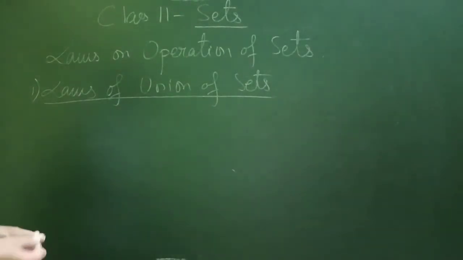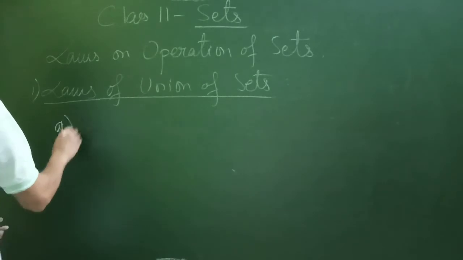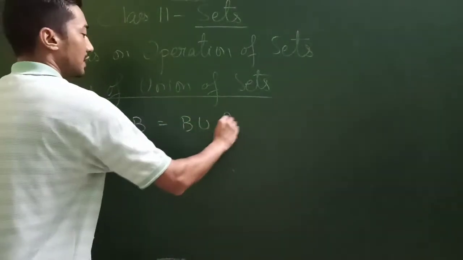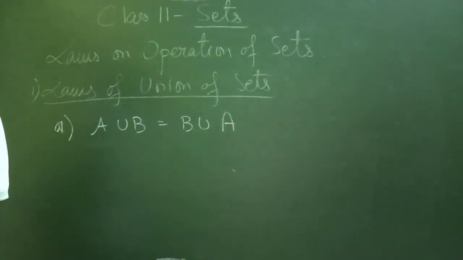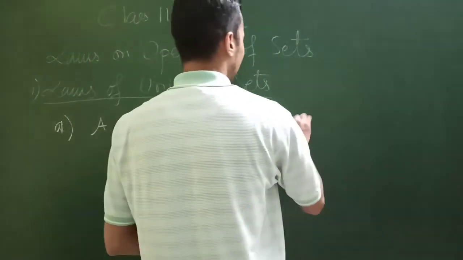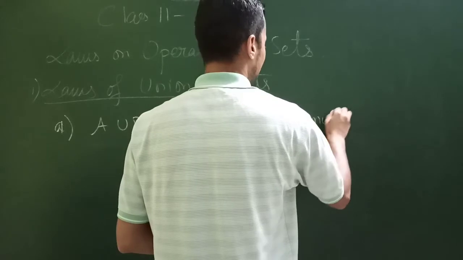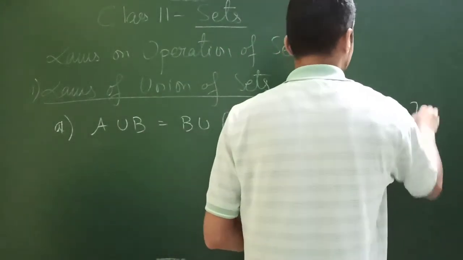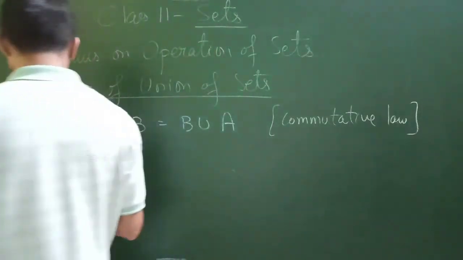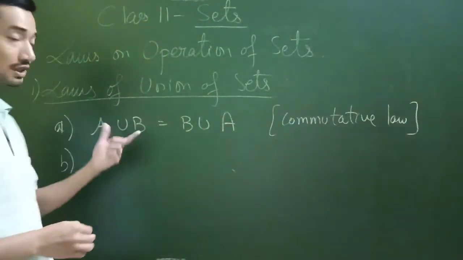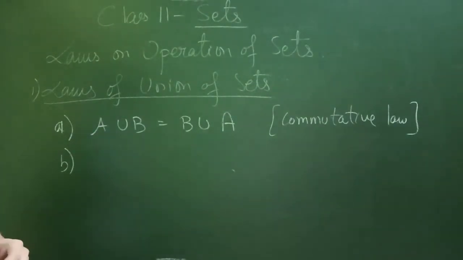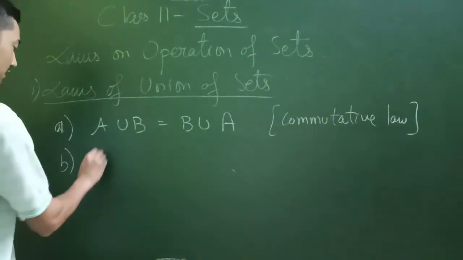The first one is the commutative law, that is A union B will be equal to B union A. These laws are actually not new. I'm just showing that union of sets obeys the commutative law.